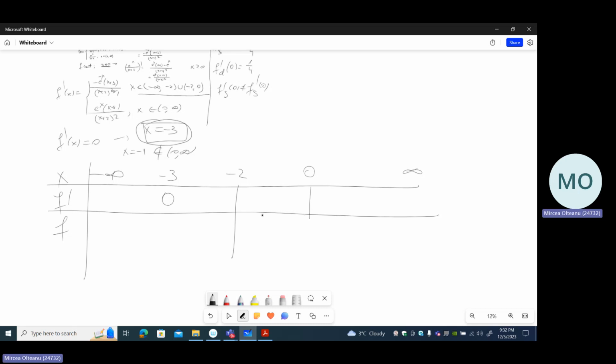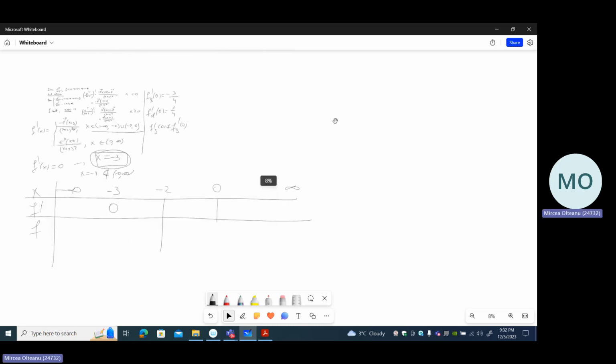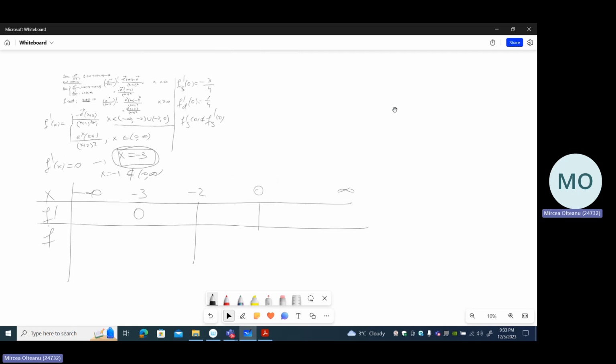And now we shall see the behavior of the function, more precisely, the monotony. So the derivative is written here. On this interval, when x is less than minus 3, this is positive. Here it's negative. On minus 2, 0, it's again negative, and on 0, infinity, it is positive. So the function is increasing, decreasing, decreasing, and increasing again.